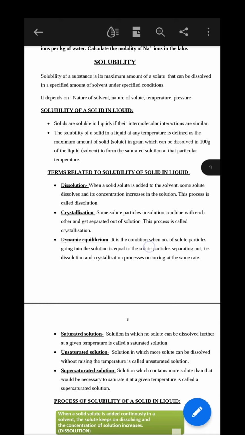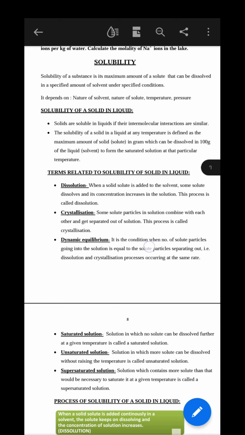which are related to solubility of solid in liquid. The first term is dissolution. Dissolution is when a solid solute is added to the solvent.